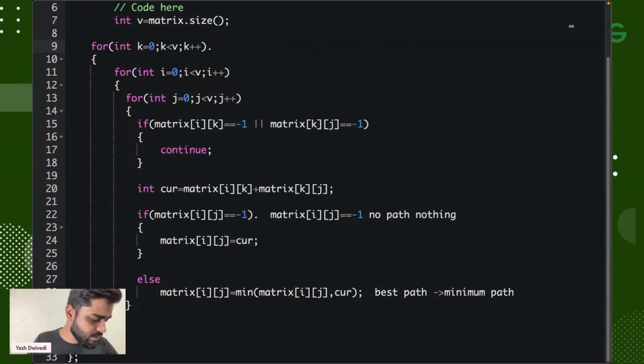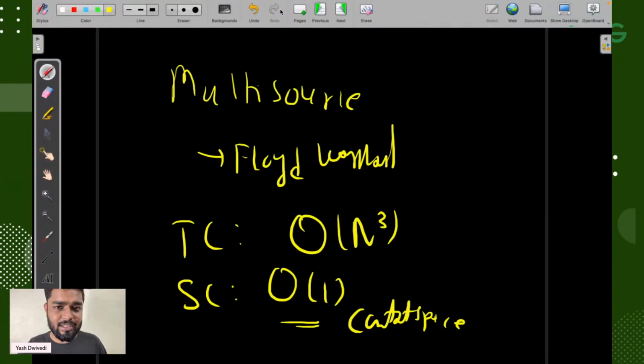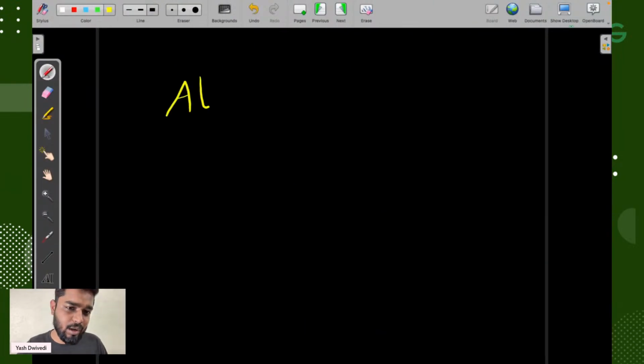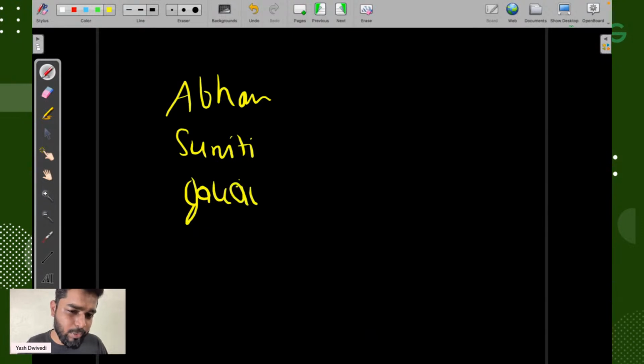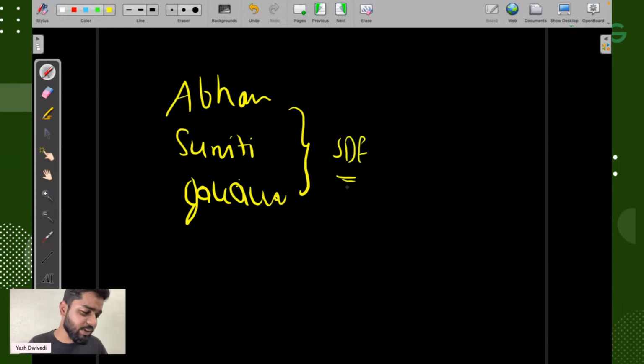Sir, I'm in second semester, just started Java. So is this SD sheet going to be good for me? Yes. Currently Abhinav, Suniti and Gaurav are doing the GFG SD sheet, so you can watch their videos as well.